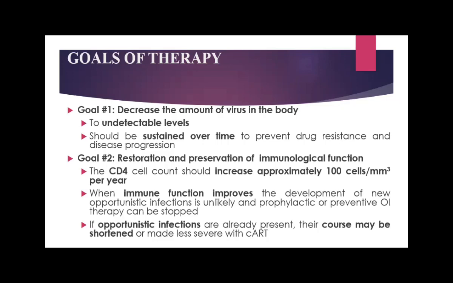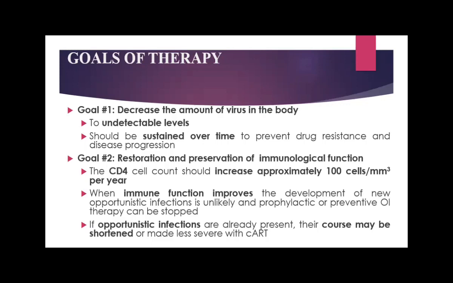The CD4 cell count should increase approximately 100 cells per cubic millimeter per year. When the immune function improves, the development of new opportunistic infections is unlikely, and the prophylactic or prevention therapy for opportunistic infections can be stopped.